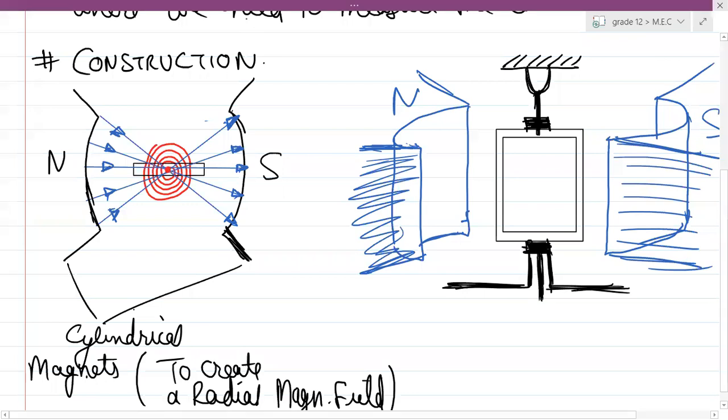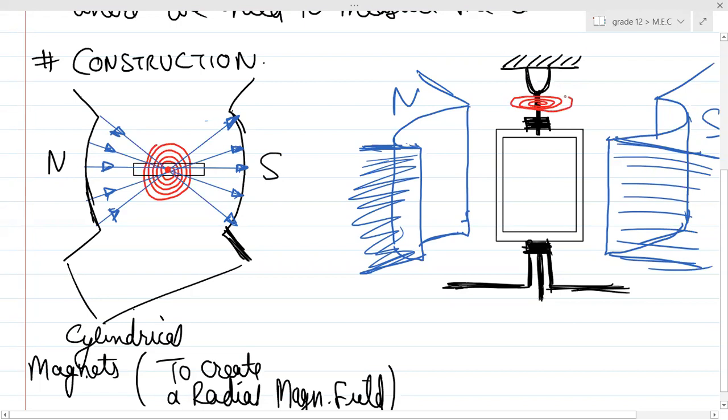Okay. And I told you about the two spiral springs. The springs are over here, and one more is over here. So, guys, can you see these two spiral springs, C1 and C2?